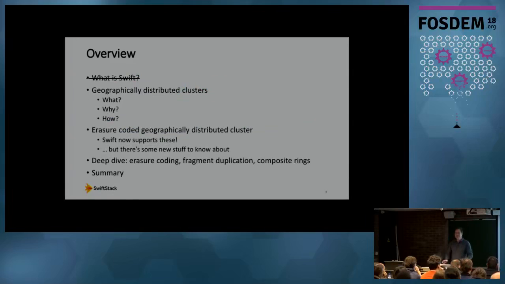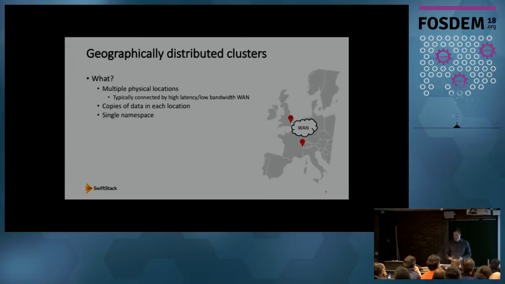Okay, that was my very brief overview of Swift. We're going to touch on some of those concepts again as I talk about distributed clusters. So first, what is a geographically distributed cluster? Well, my definition for the purposes of this talk is a cluster which consists of data being stored in multiple physical locations, and those physical locations would typically be connected by a wide area network.